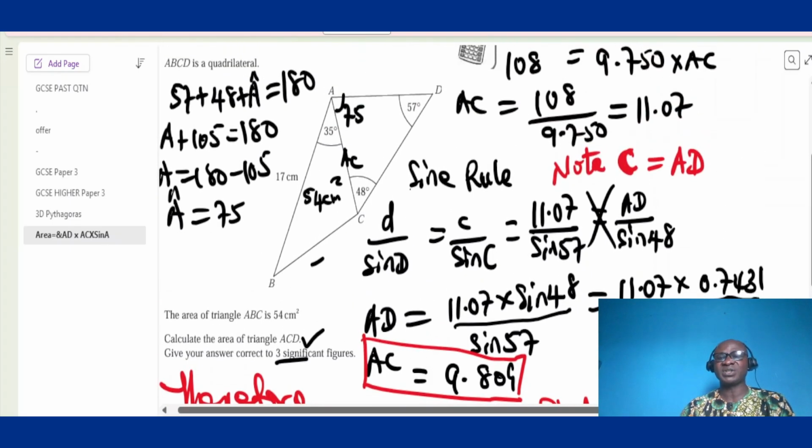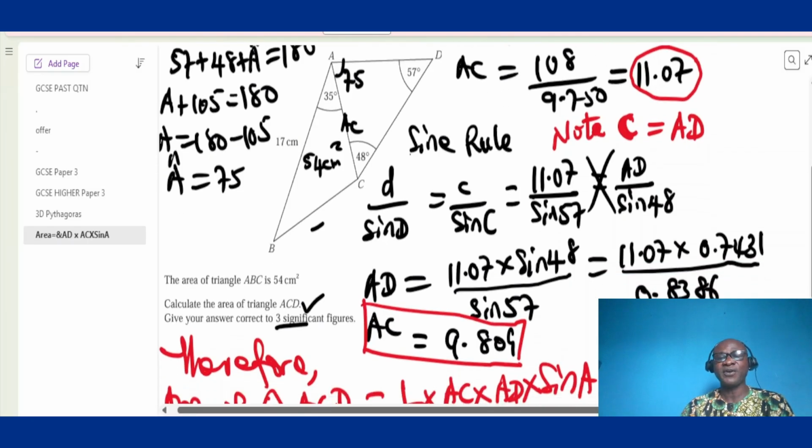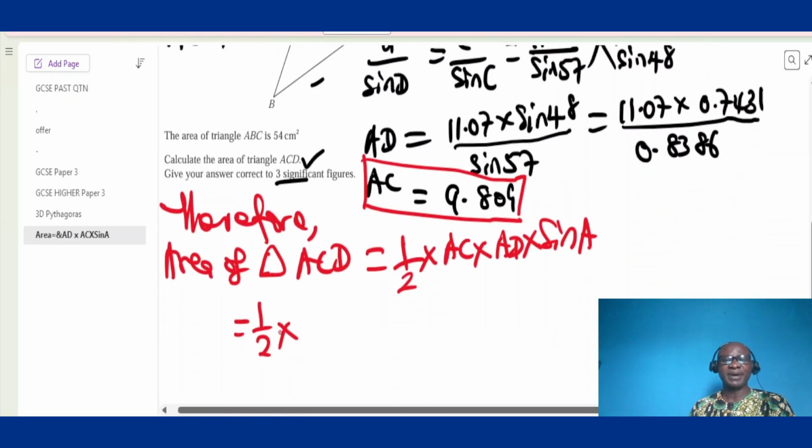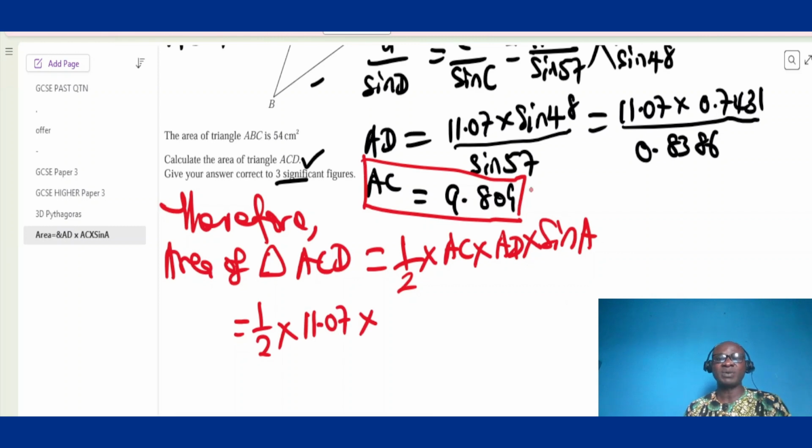So at this point, my area now is going to be half multiplied by AC. We got the length of AC earlier: 11.07. Look at it, AC. So I'm going to make use of it. Therefore, I bring it down to this place, 11.07, multiplied by AD, and we have just calculated the length of AD. Please, this is AD. All right.